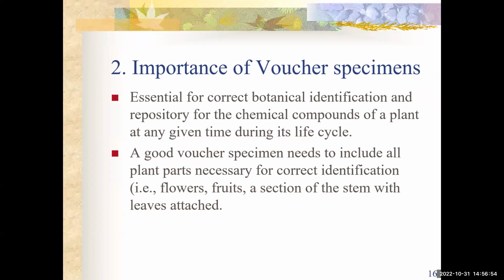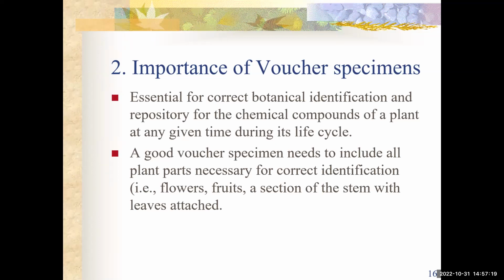And you see, voucher specimens can be even the same plant collected at different times. So you can collect it in January, the same plant from the same tree, collect it maybe a few months later and so on, okay? Because sometimes you get changes and you need to consolidate all those characteristics.